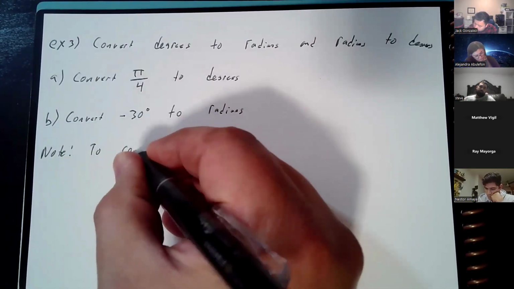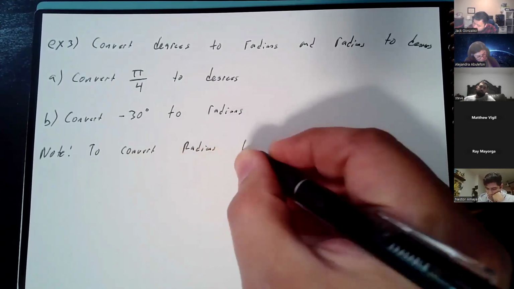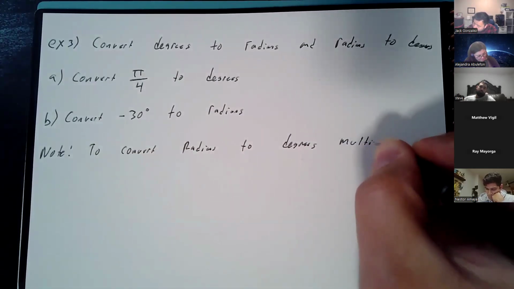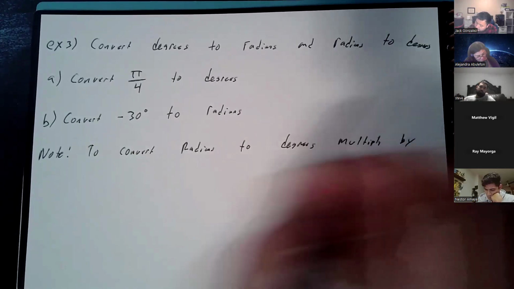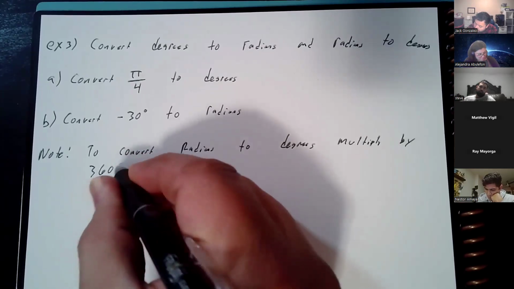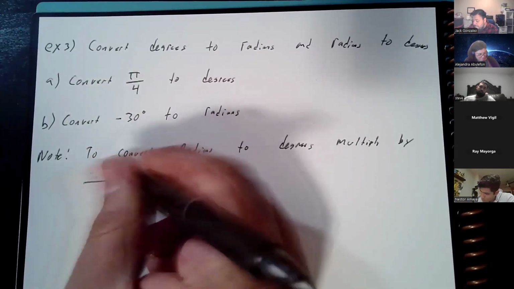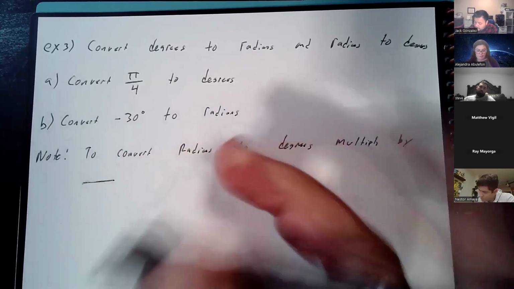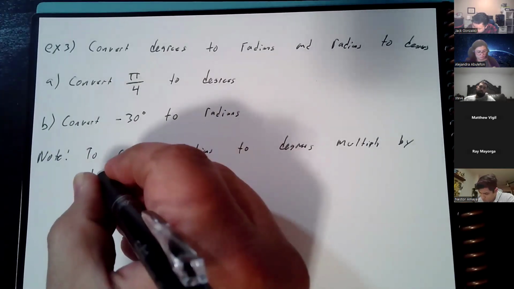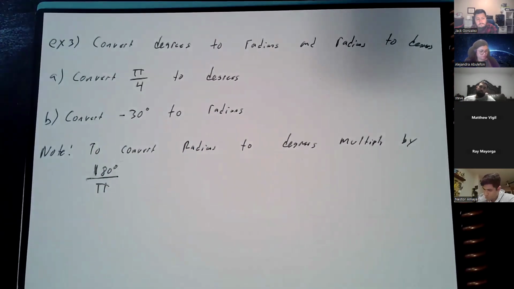To convert radians to degrees, multiply by 360 degrees over, actually, I'm sorry, 180 over pi. That's another form of 1, right?